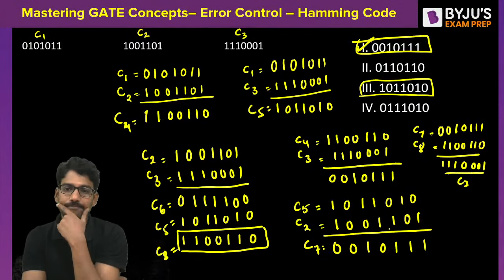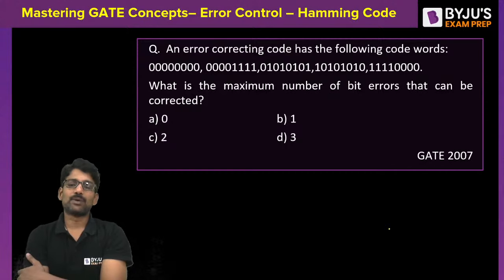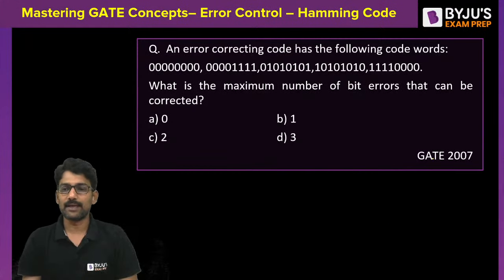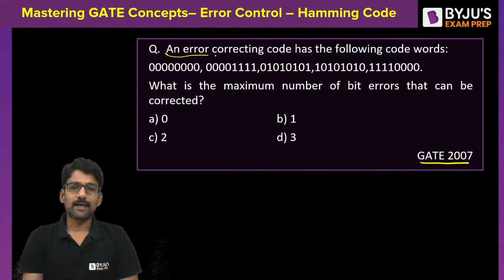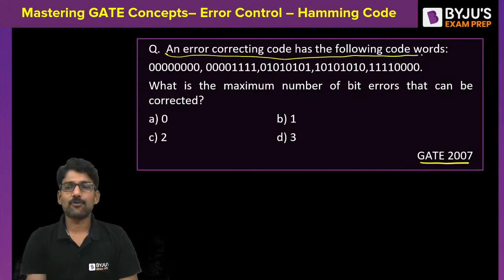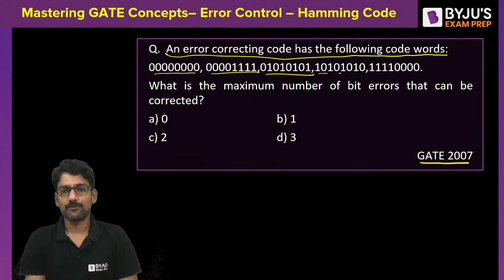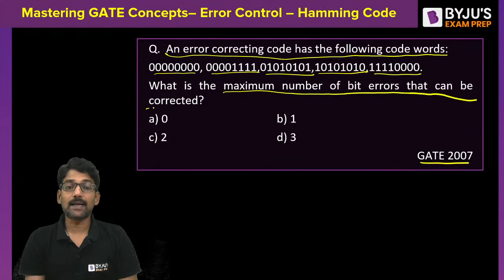Now another question, that is a 2007 GATE question. An error correcting code has the following code words. You can see 1, 2, 3, 4, 5 code words are given. What is the maximum number of bit errors that can be corrected?